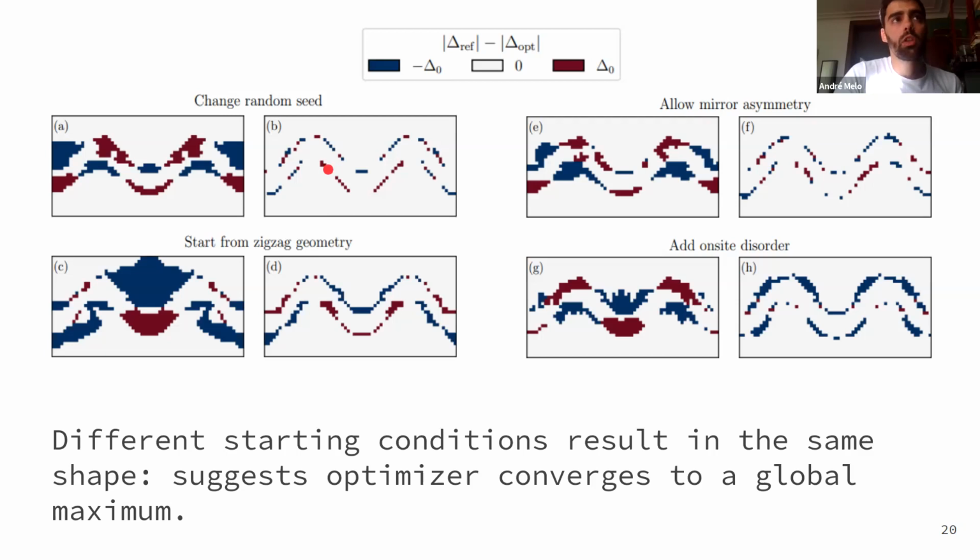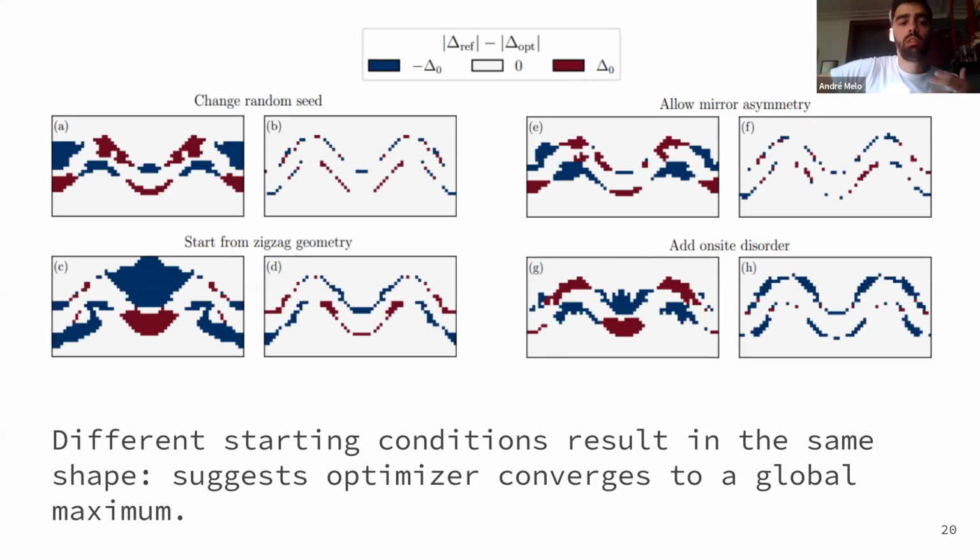On the left is the difference halfway through the simulation. On the right is the difference at the end after convergence. And essentially, you see that these right pictures are very white, meaning that there's a very small difference between the reference shape and the shapes we obtain in these simulations.